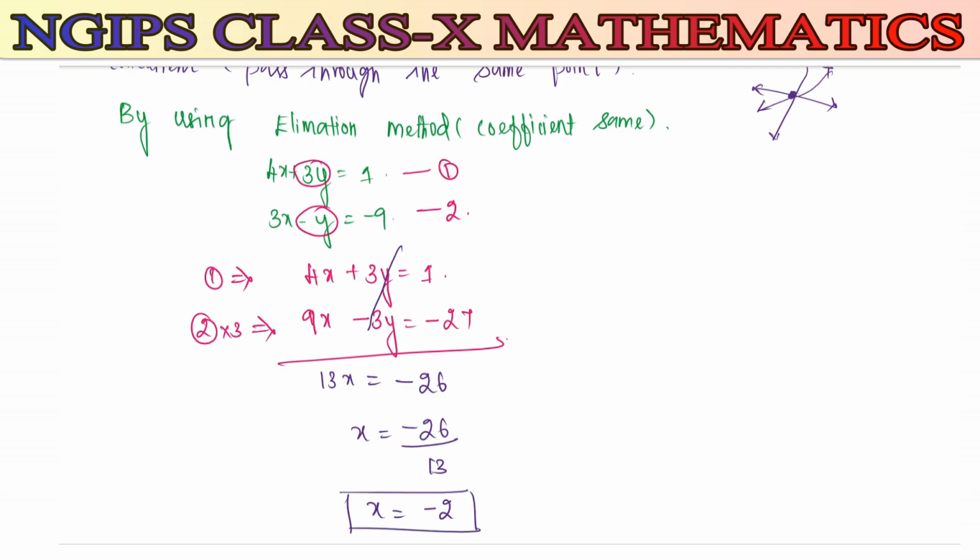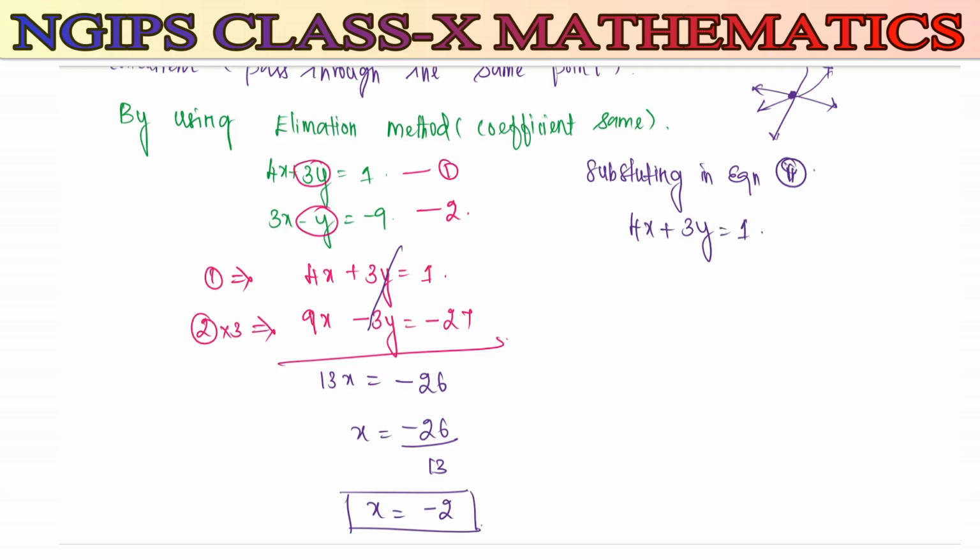Now I am going to find the value of y, substituting in equation 1. Equation 1 we have here 4x plus 3y is equal to 1.